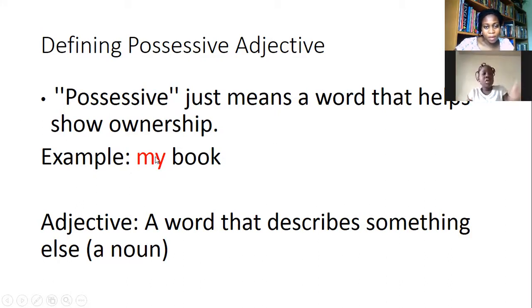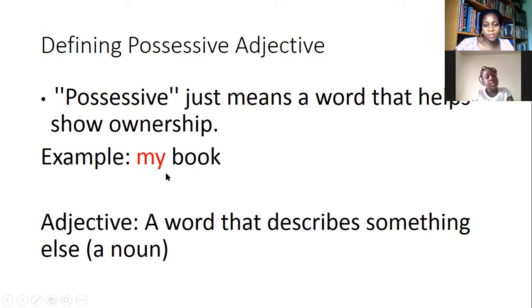So for example, my book. Who owns the book in this sentence? My book. Who owns the book? Lali, my book. So who owns the book? No, it's not you. It's me. Read the sentence, Lali. My book. So who owns the book? Me. So it's my book.